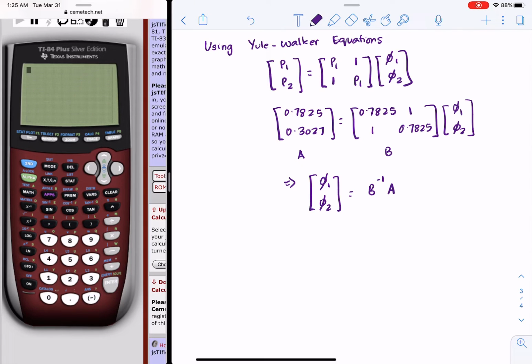I'm going to show you how to do this using the calculator. I'm going to press the matrix button. I'm going to first define matrix A. I'm going to edit. There are 2 rows and 1 column. So A is 0.7825 and 0.3027. And we have to define the matrix B. It is a 2 by 2 matrix.